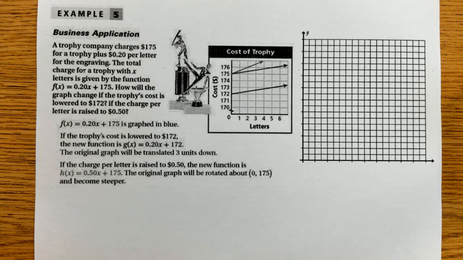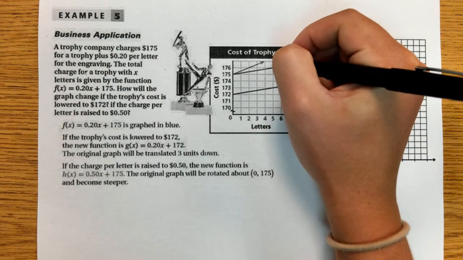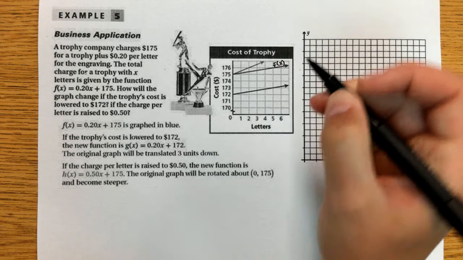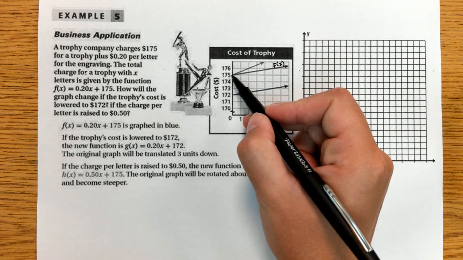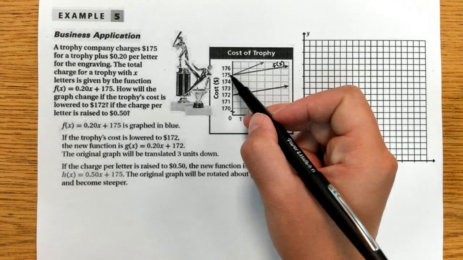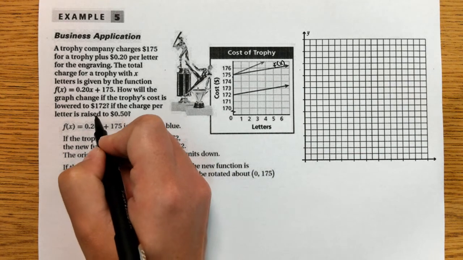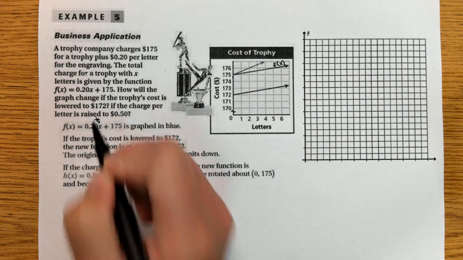So on the graph, the blue line is right here. That's going to be our f of x. Okay, we have an intercept of 175, and then we're going up 0.2. So up 1, right 5. Okay, so 0.2 is 1 over 5.